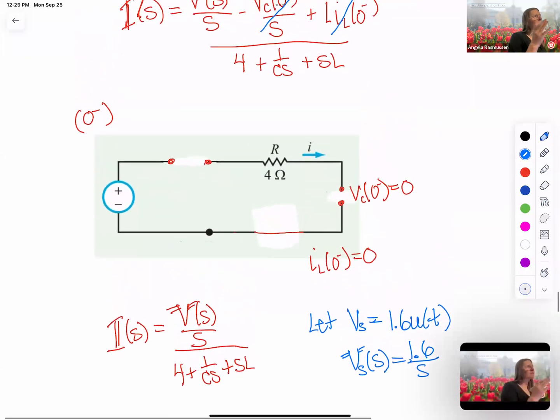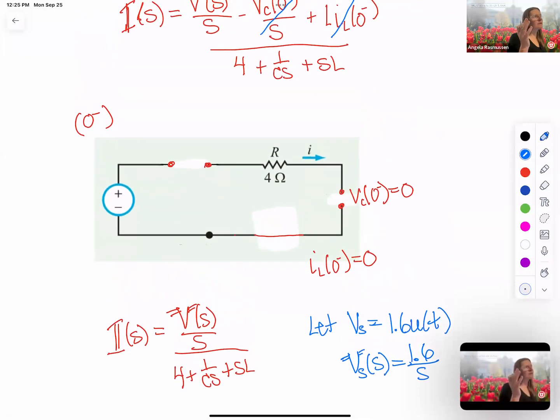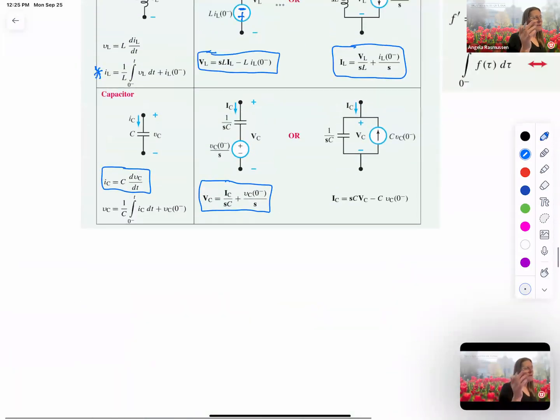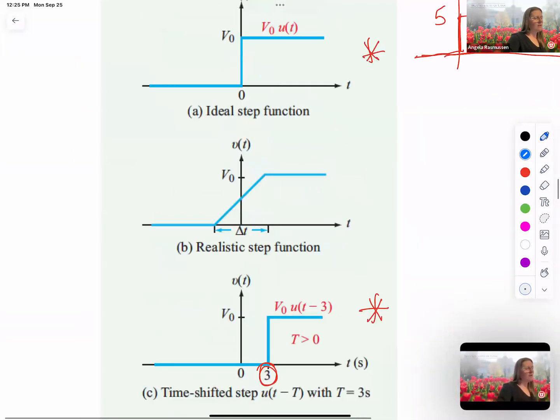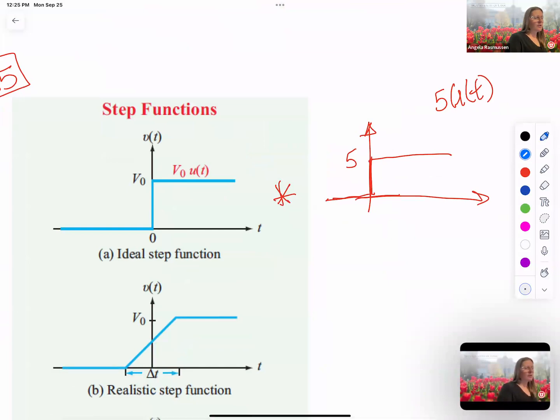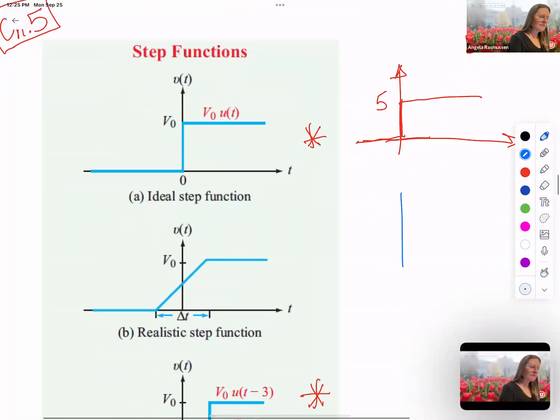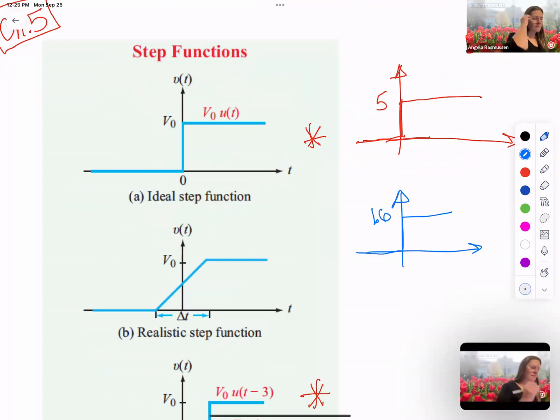It just means for time greater than 0, it's that value. So 1.6 will look like this. So this is 1.6 U of T.